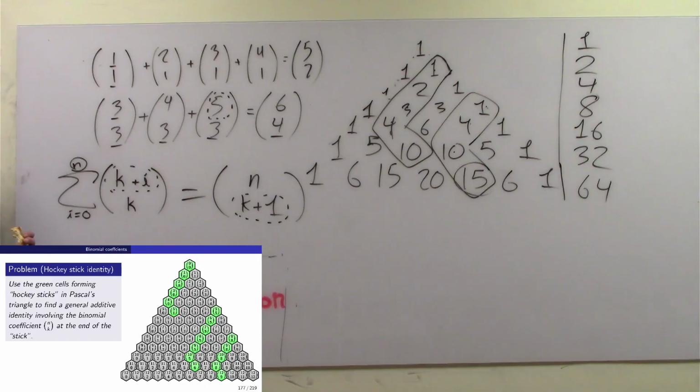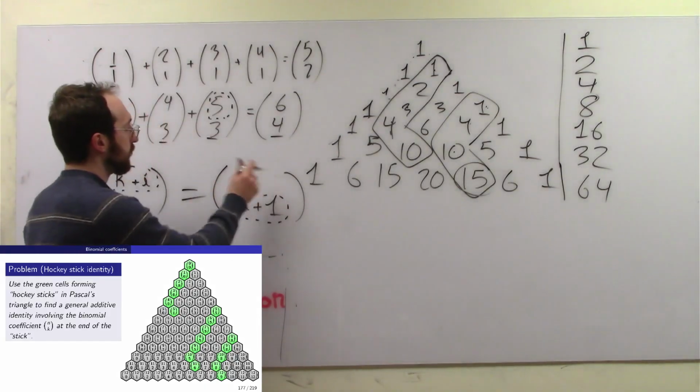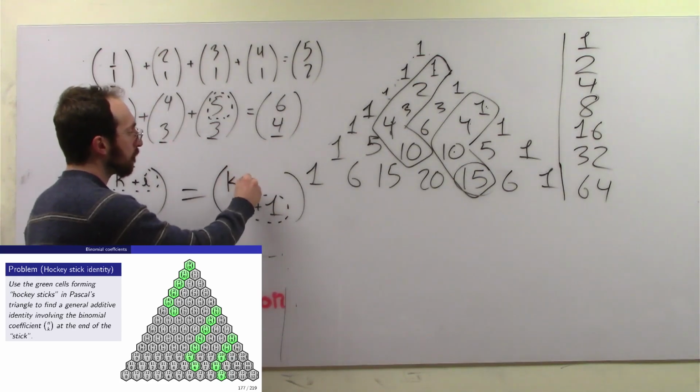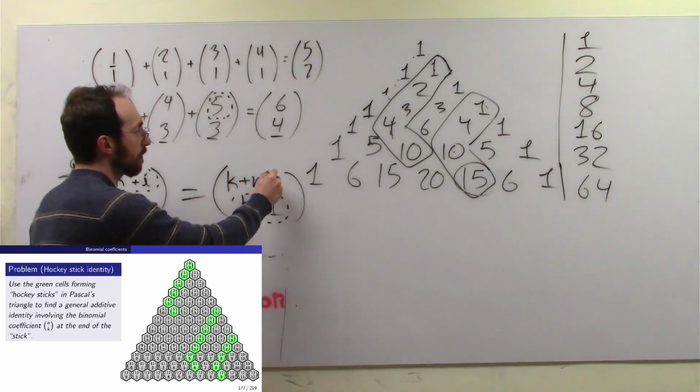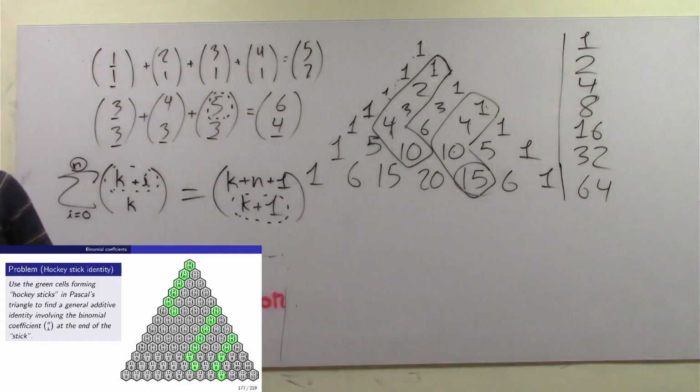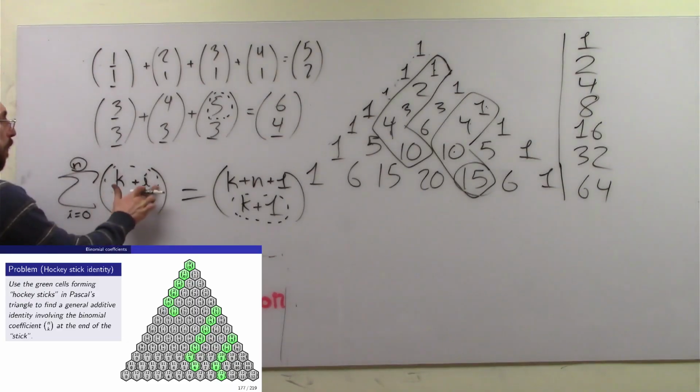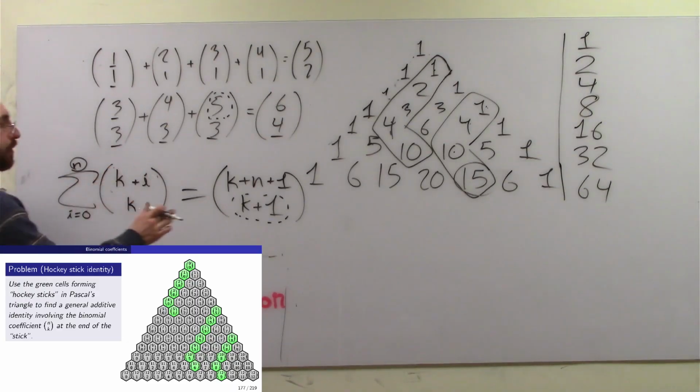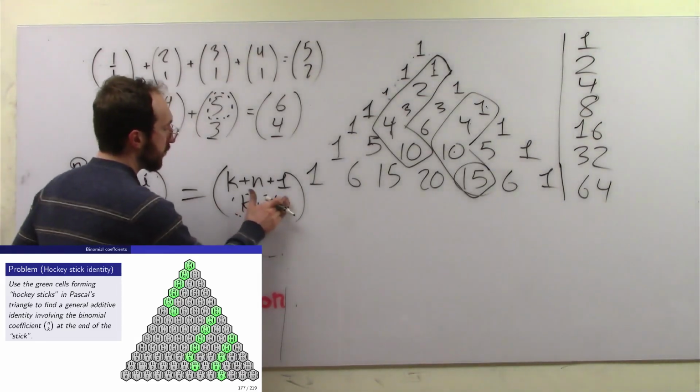K plus n. So we'll actually get right here, and I'll write it like that too, k plus n plus 1. And this is your hockey stick identity.